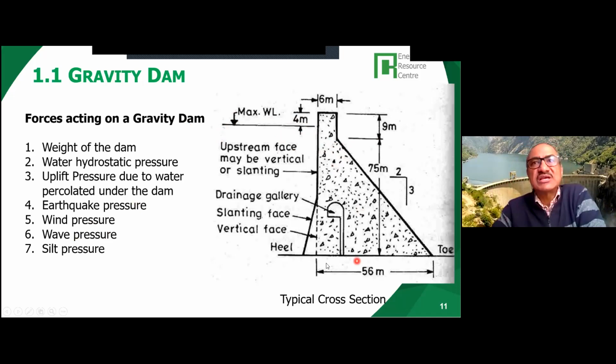And then, of course, there is silt. On the lower portion, normally some silt accumulates, which can also create silt pressure. So basically, these are the forces acting on a gravity dam which have to be taken care of.